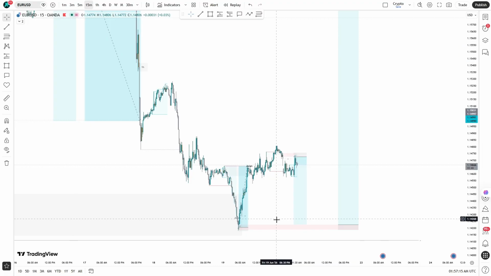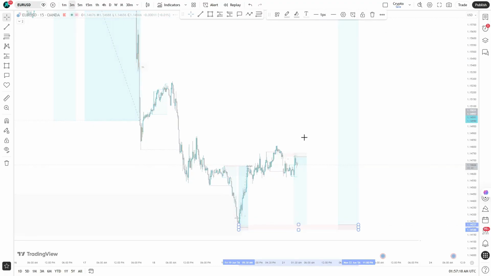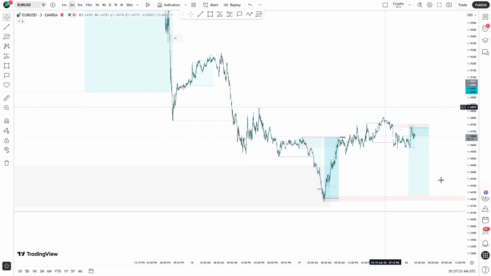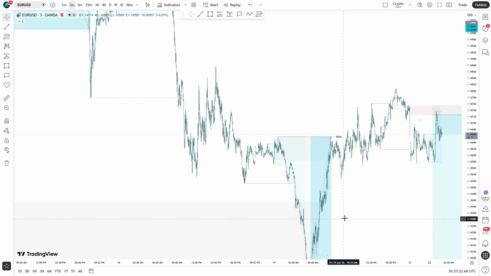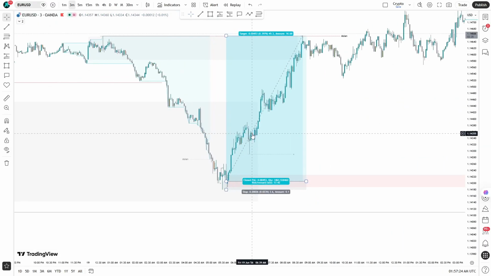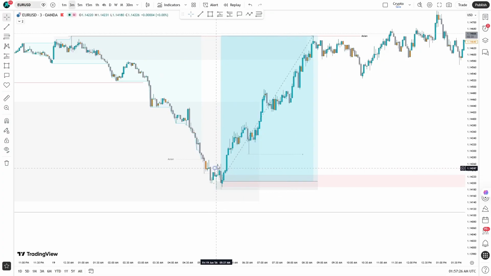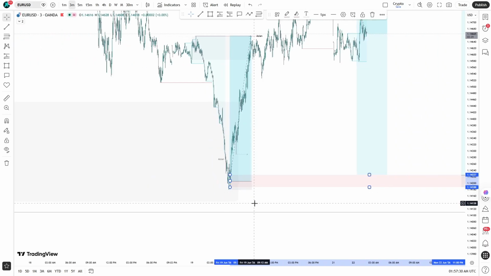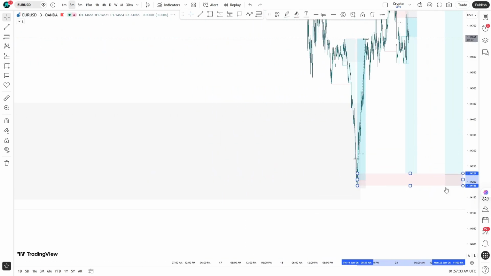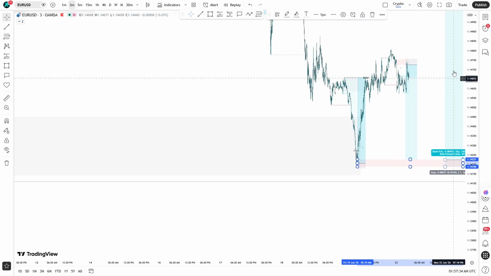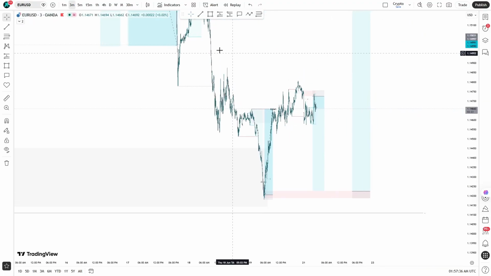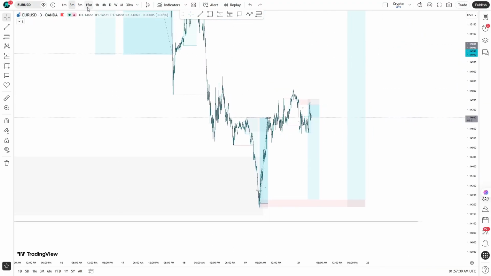So let me show you this point of interest. This is what it looks like after I had a change of character. It's another entry here. So that's where we are expecting the market to get to as our middle time frame change of character.